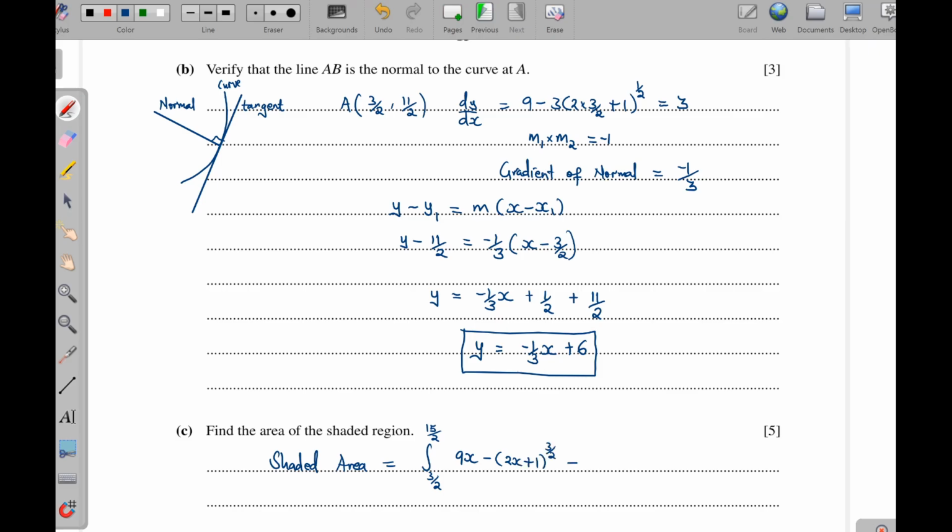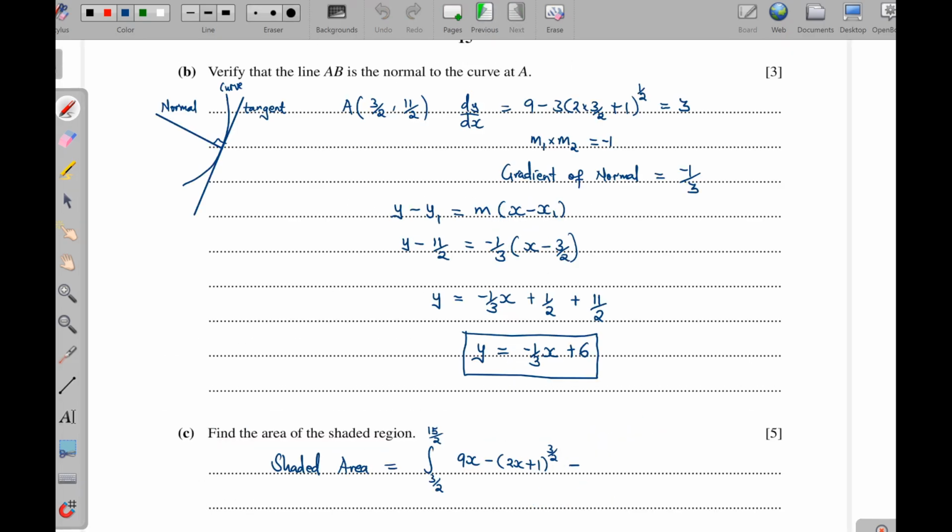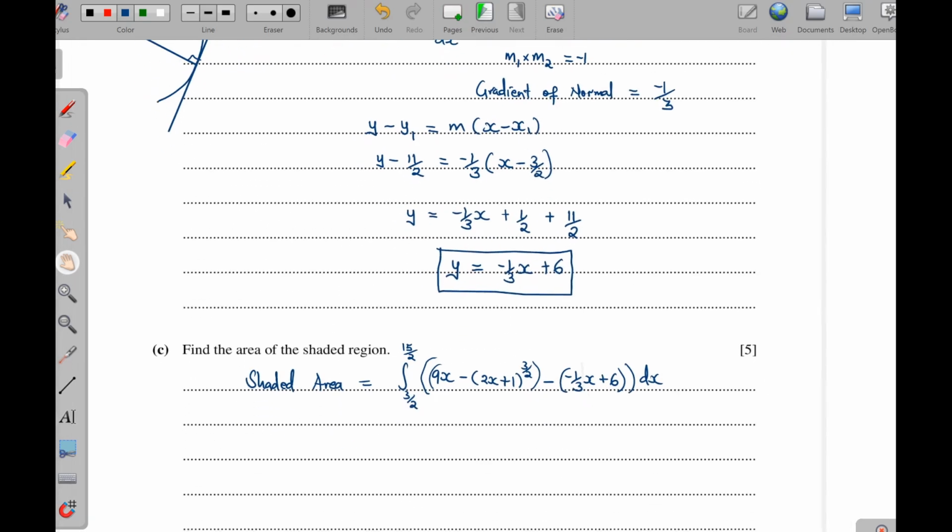Then we subtract the equation of this line, which we have here as negative a third of x, then plus 6. But be careful, this thing is like that altogether. And then after that, we integrate with respect to x.